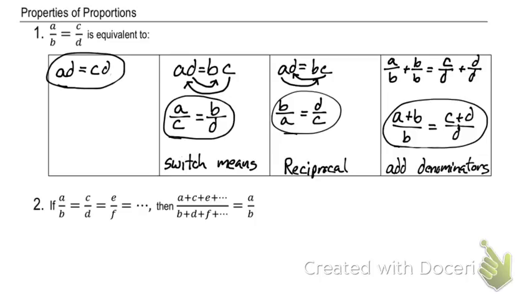All right, the last rule I want to talk about says that if A over B equals C over D equals E over F equals so on and so on, then we can add all of our numerators and take it over all of our denominators, and it will remain the same fraction as A over B. So for example, let's see an example of this.